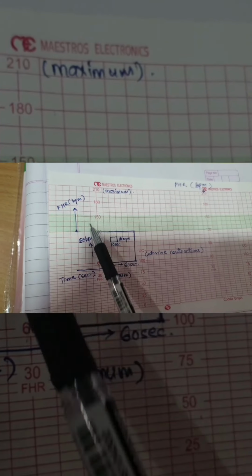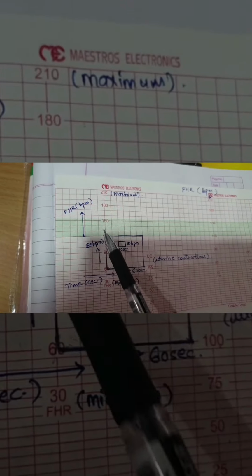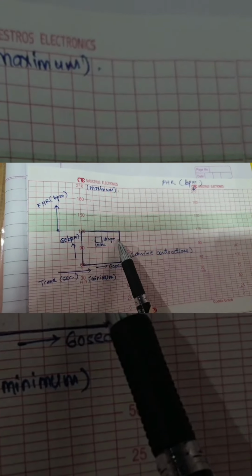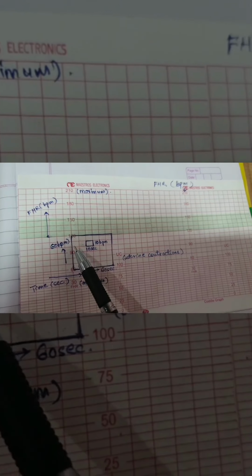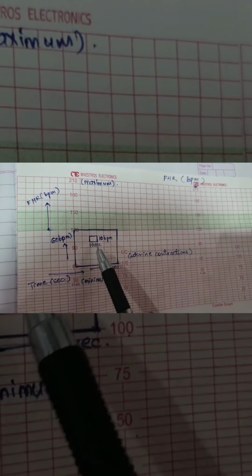First we'll see this is the x-axis and this is the y-axis. X-axis represents the fetal heart rate and y-axis represents the time. So one small box is 10 by 10, that is, the x-axis represents 10 beats per minute. The increase in the heart rate is 10 beats per minute. You can see here 90, 100, 110, 120, and the horizontal, that is the y-axis, represents the time, that is 10 seconds.